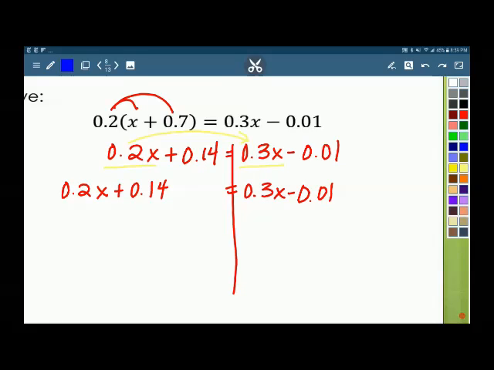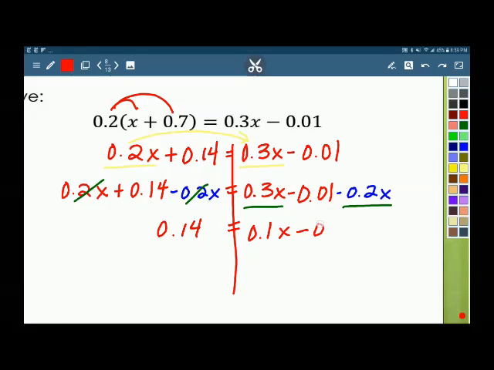So positive 0.2x, the opposite is going to be negative 0.2x. That's going to get these two to become a 0. And I'm left with 0.14 is equal to, I got like terms over here, 0.3x minus 0.2x. That is 0.1x.